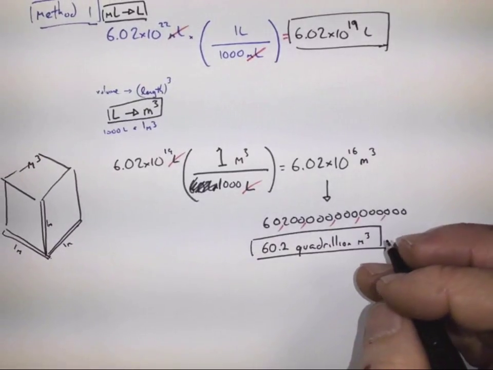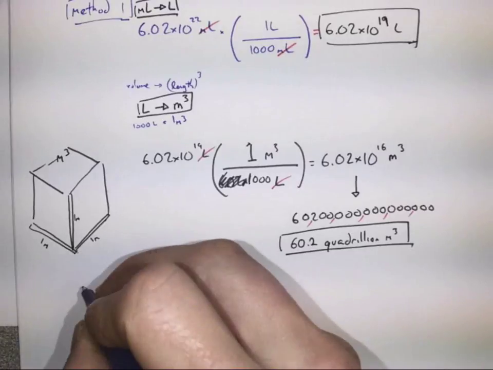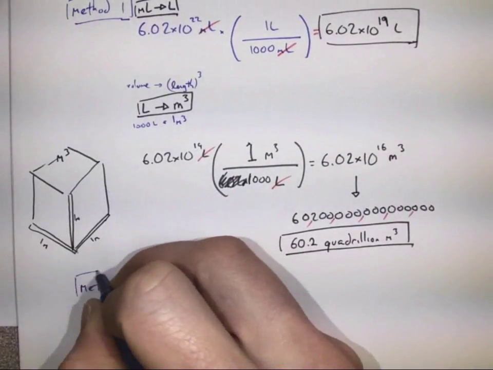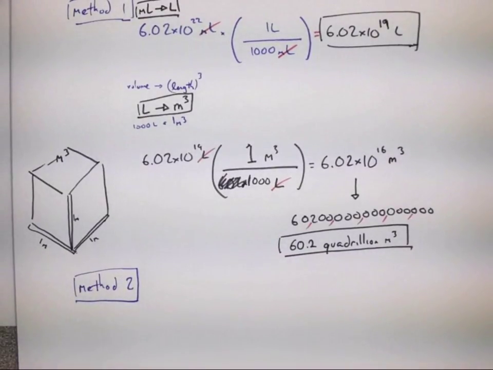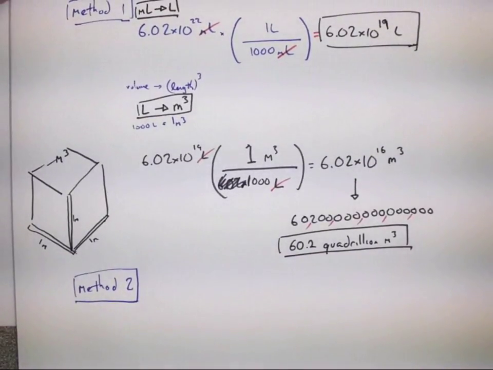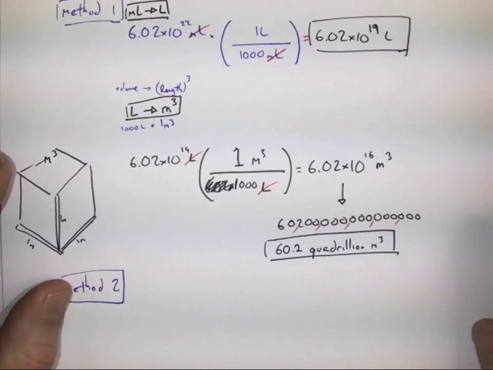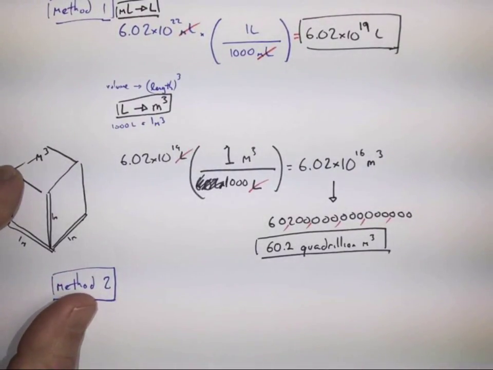Okay, so let's see if we can go a stage further. So for the next step, method 2, we're going to use some references. So I'm going to see if I can find a Wikipedia page for orders of magnitude and volume, and see if I can find a good reference for volume here.